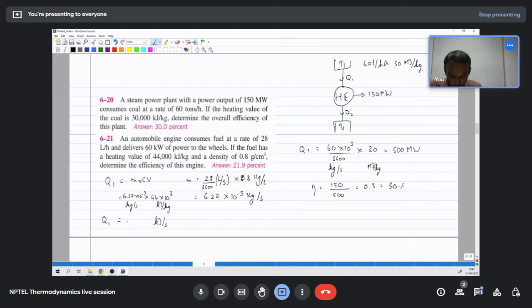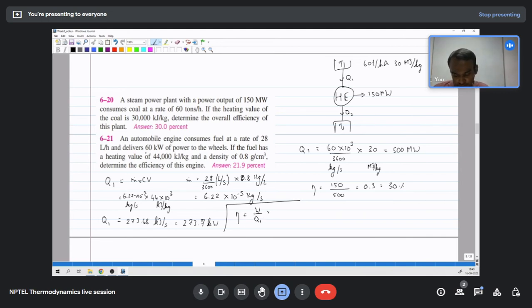So this is 273.68 kilojoules per second. So this is 273.7 kilowatt.